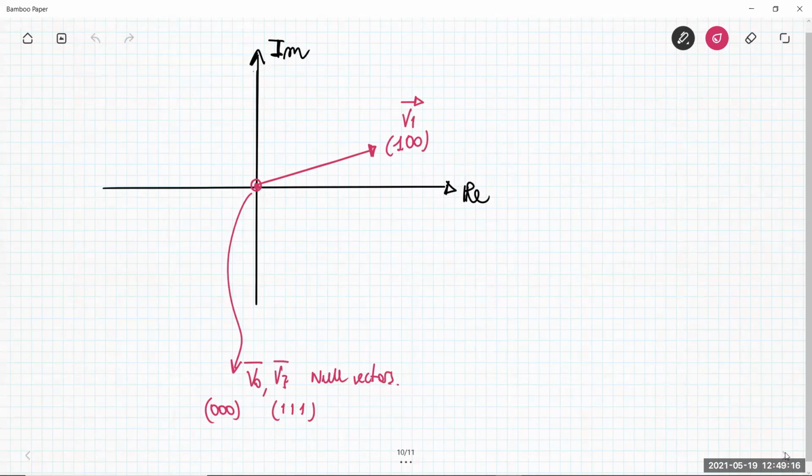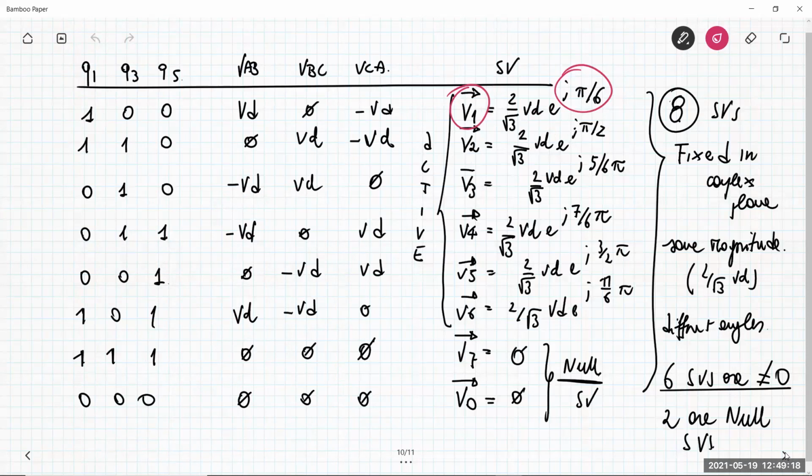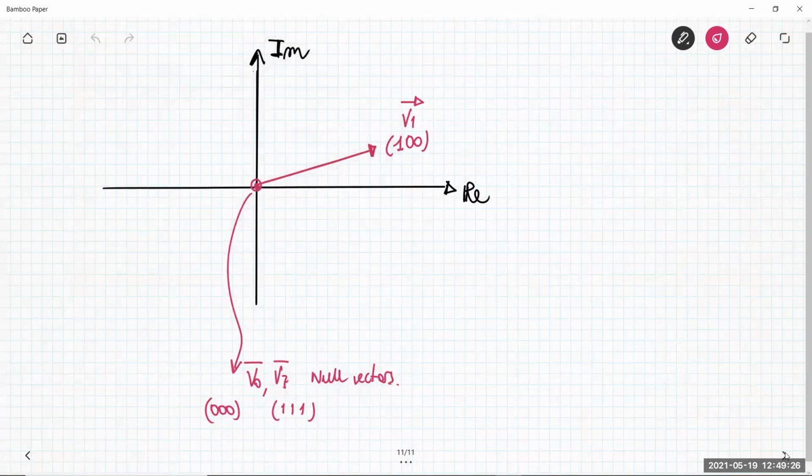Then you have another space vector, in which the amplitude is always the same, but the angle is at 90 degrees. This is V2, which corresponds to the 1, 1, 0 switching word. So the difference here is 60 degrees.